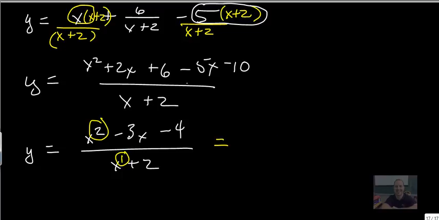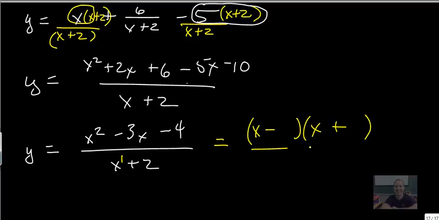So can we factor this? Can we reduce this, or is there going to be a vertical asymptote at x equals -2? That's my question. Can we factor this? Yeah, we can actually. It's going to be x minus what? What are the numbers that go there? X minus 4, good. Plus 1, right?